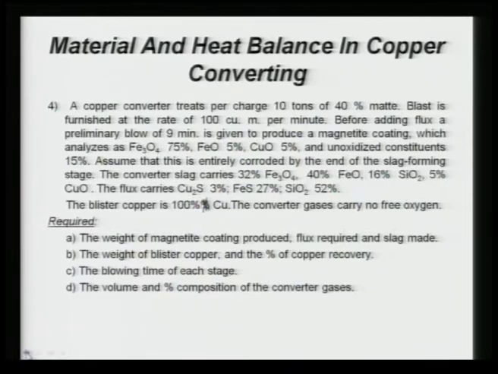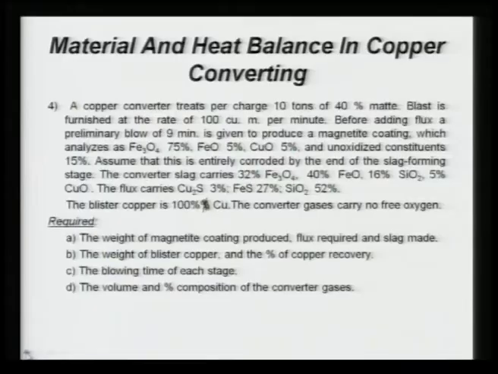The converter slag carries 32% Fe3O4, 40% FeO, 16% SiO2, 5% CuO. That means at the end of the coating formation stage, you enter into the slag forming stage. Assuming that the composition of the coating is given, it is all converted into a slag whose composition is 32% Fe3O4, 40% FeO, 16% SiO2, 5% CuO.